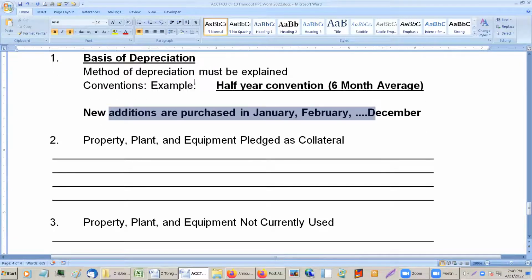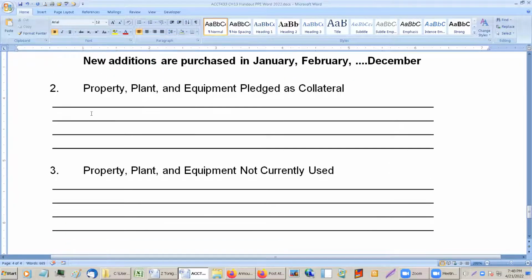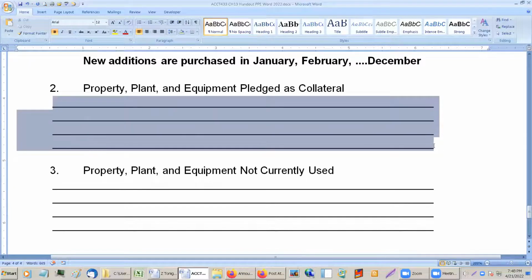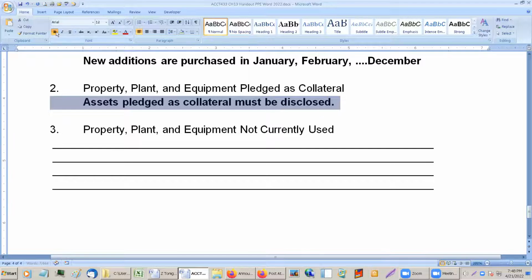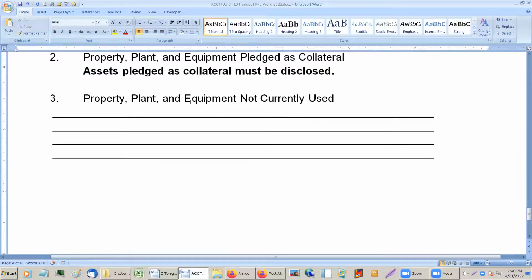Yeah, so that's what you'll see also included in the basis of depreciation a lot of times. The notes must indicate precisely the assets used as collateral, which must be disclosed.